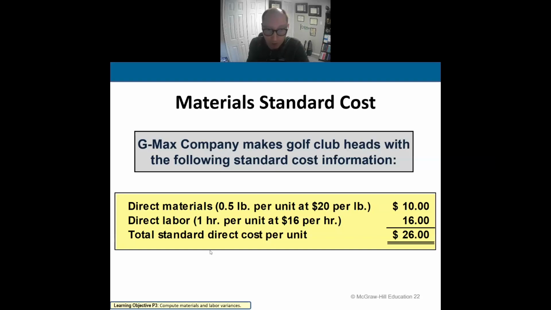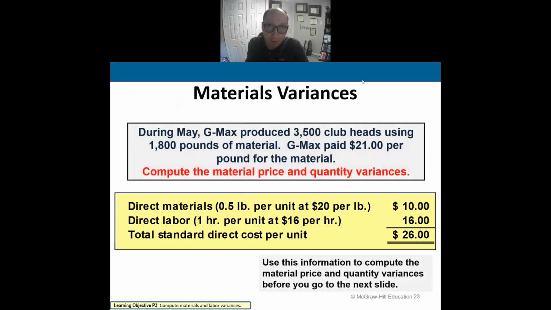Direct materials plus direct labor gives me my standard direct cost per unit, $26. We look at first the materials price variance and then the quantity variance. So we use this information.